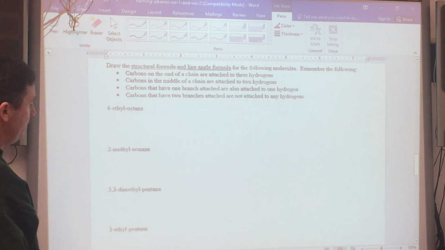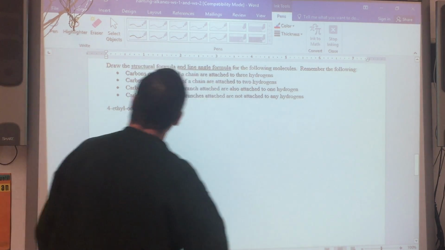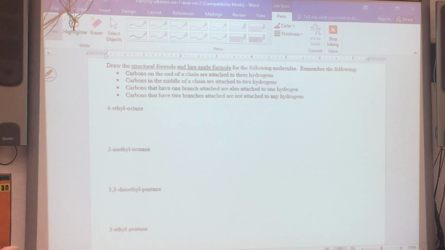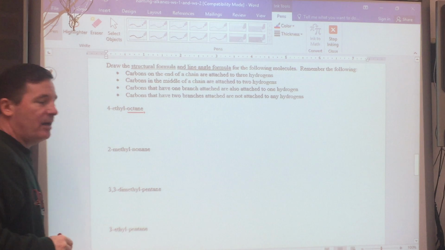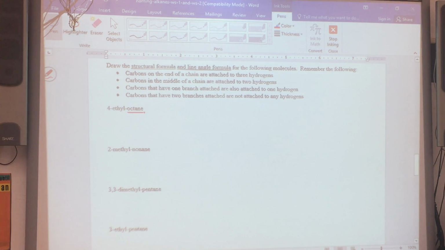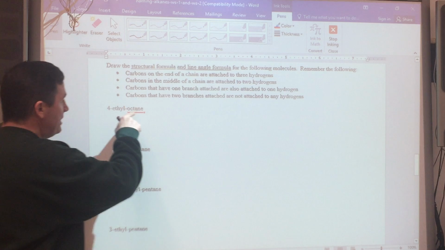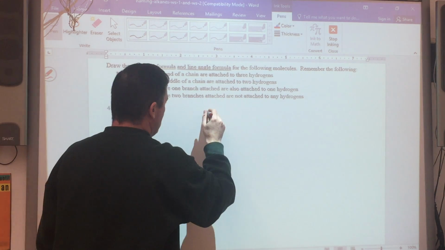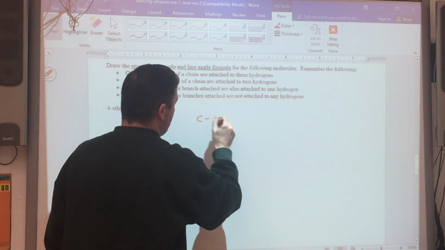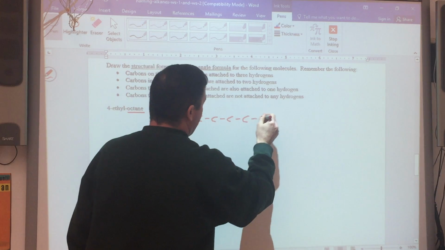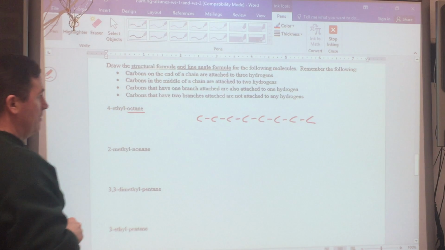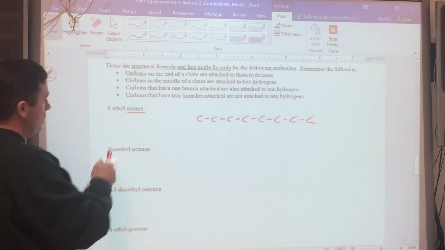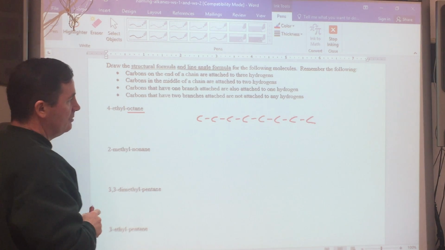Let's try one of them. These are fun too. Okay, in this case, when I'm drawing them, I might as well start with the longest chain. So octane means 8, yes? So 1, 2, 3, 4, 5, 6, 7, 8. Then what does it tell me? 4-ethyl.